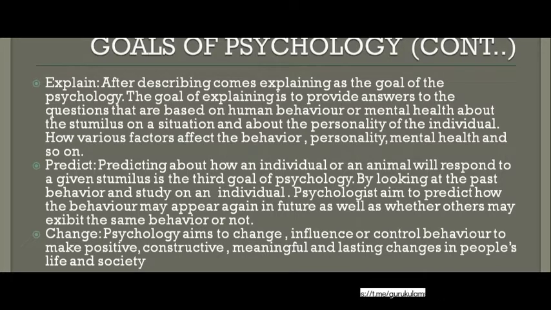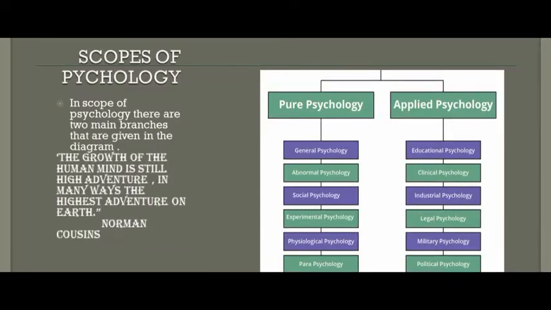Now comes the scope of psychology. There are two main branches of psychology. You just have to put this in your mind: the first one is pure psychology and the second one is applied psychology. Pure psychology is about the study, about the theories, about the practicals that you go through.